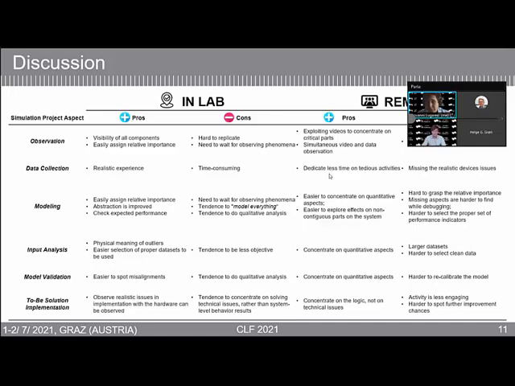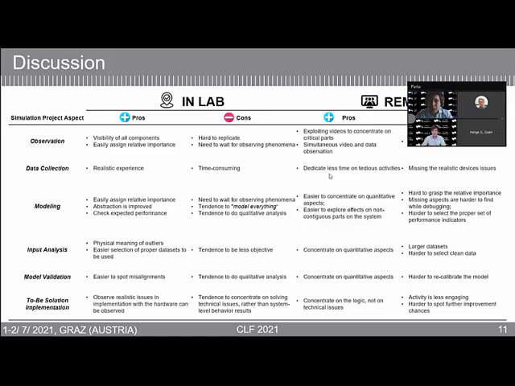With respect to the solution implementation, however, I noticed that this year, being remote, the activity was far less engaging, of course, because they could not come to the laboratory, and with the camera experience, they could not spot very effectively the difference in the system performance.